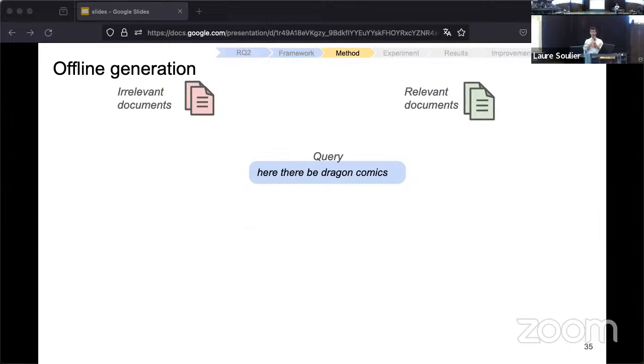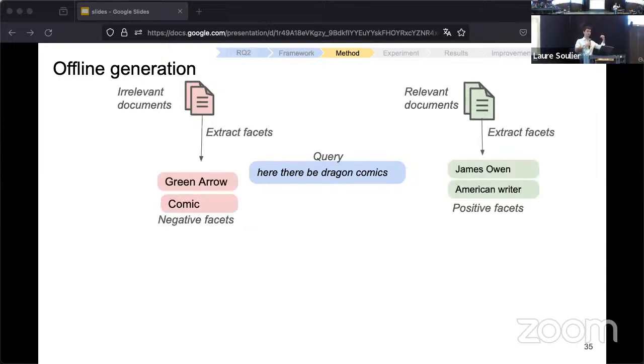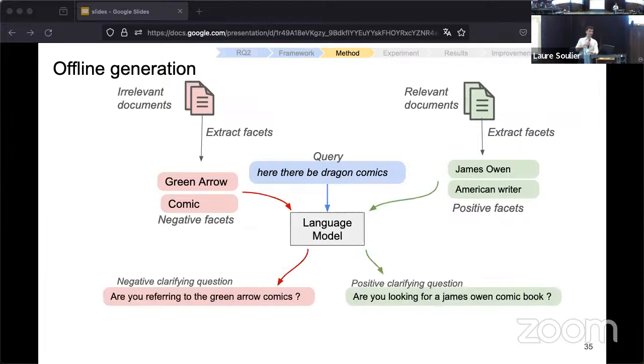So for the offline generation, given a query and irrelevant documents and annotated relevant documents, what we did is that we extracted keywords from these documents, and these are our facets. And we use these facets to then generate what we call negative clarifying questions and positive clarifying questions, which are respectively questions that come from irrelevant documents and relevant documents.